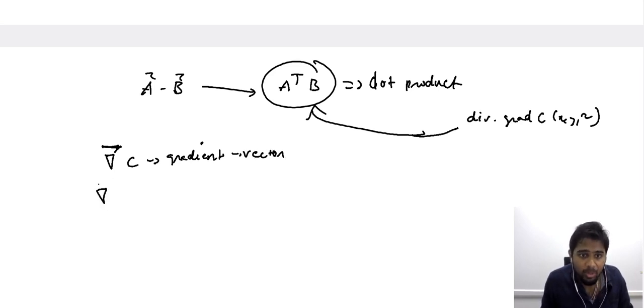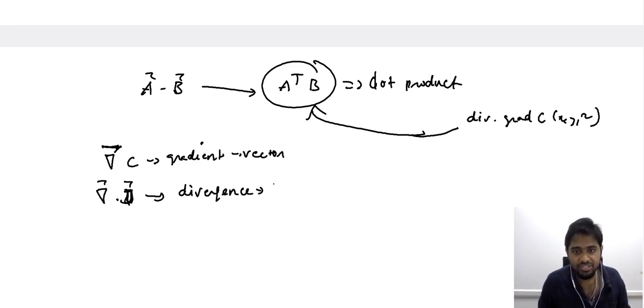Now we have imposed this nabla operator onto a vector, and this vector can be any vector. Let me treat it as the vector J, the flux that comes out of Fick's first law. This dot product is what we refer to as the divergence, and the output of the divergence is a scalar.